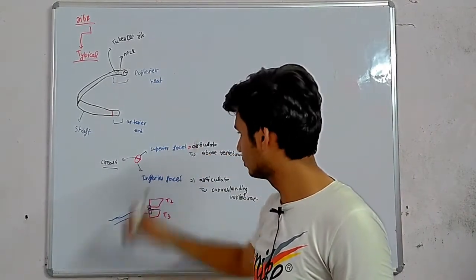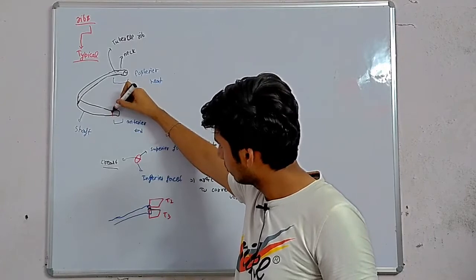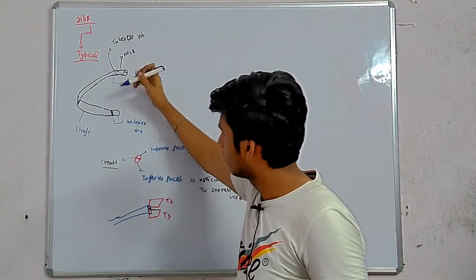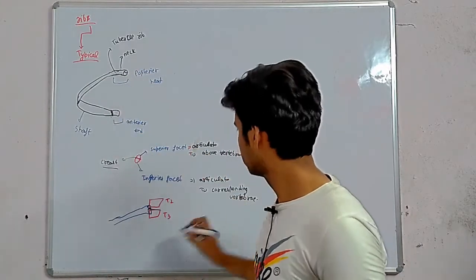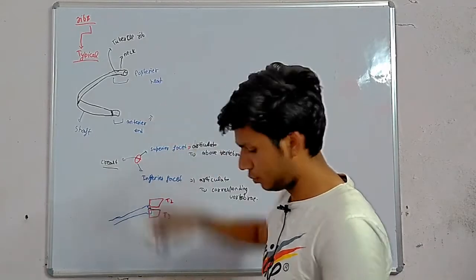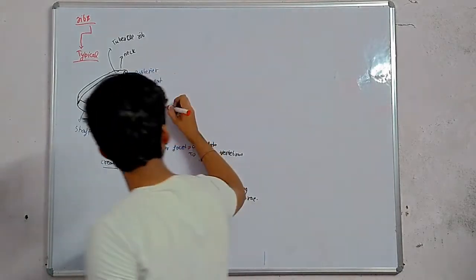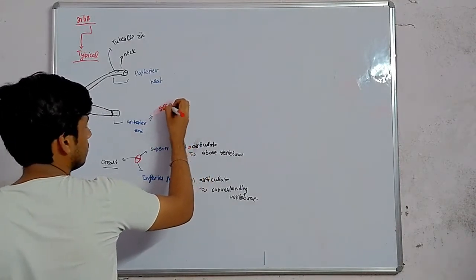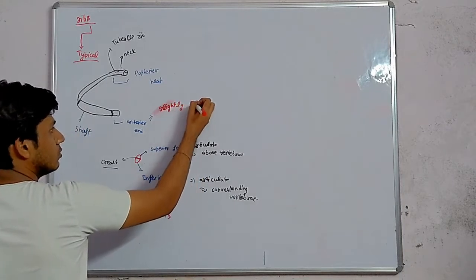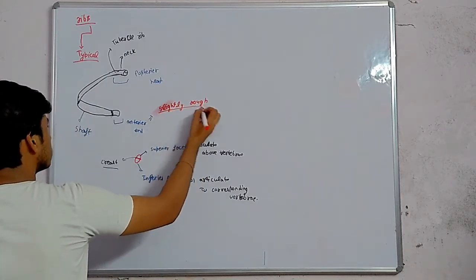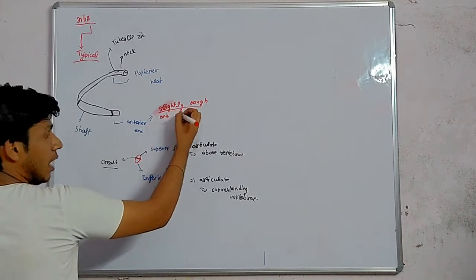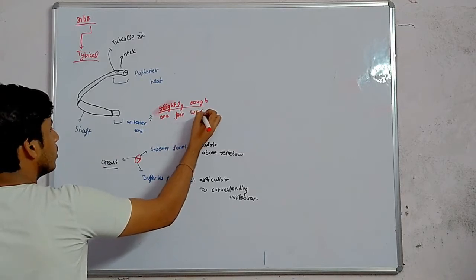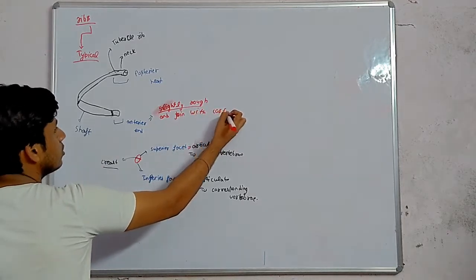Now come to the anterior end. Let's say this. The anterior end is slightly rough and attached to and joins with the costal cartilage.